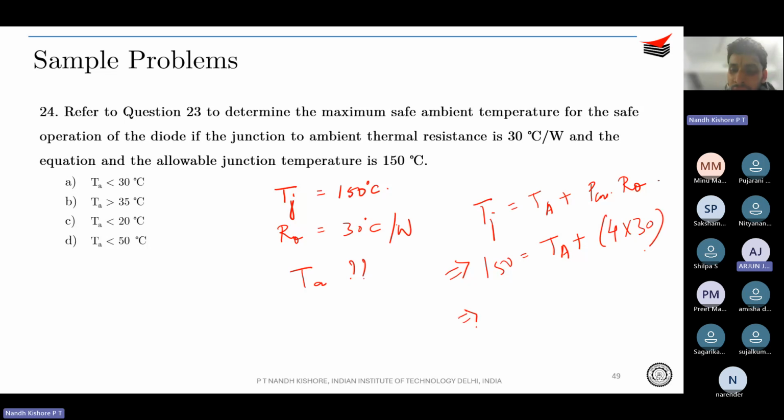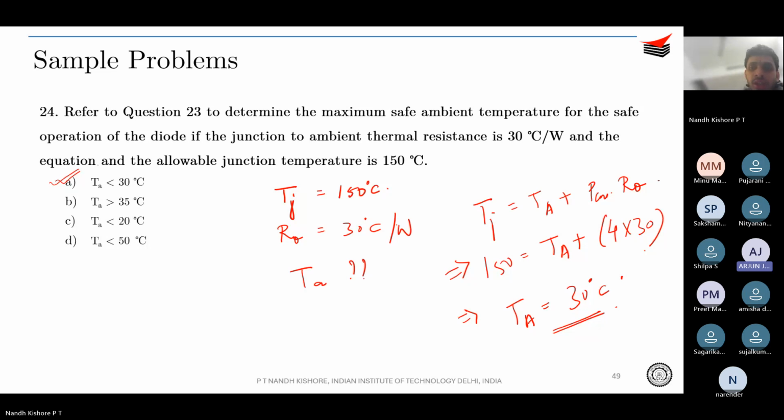So 30 times 4 is 120, and 150 minus 120 is 30 degrees. Of course, the answer is A, but why should TA be less than 30 degrees?